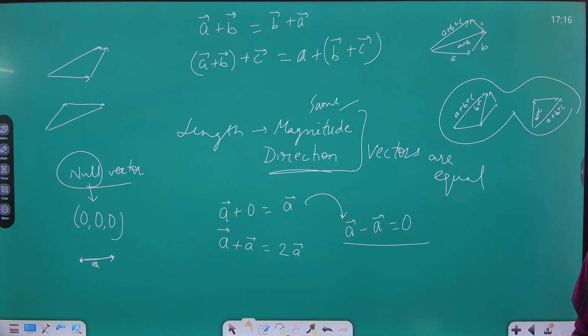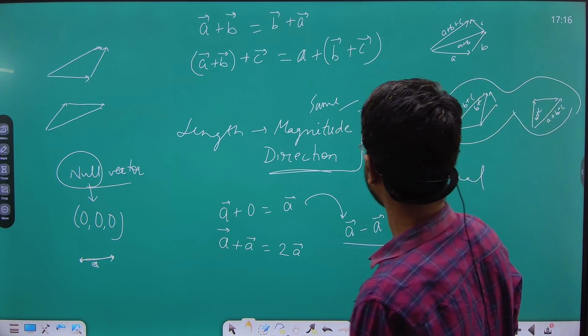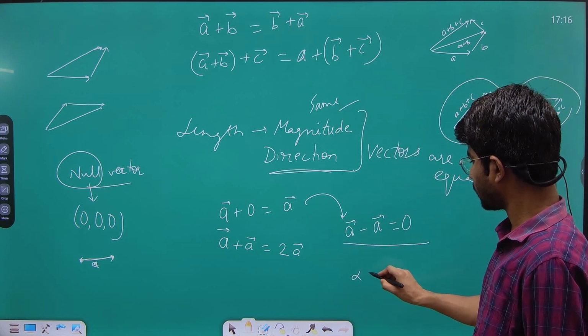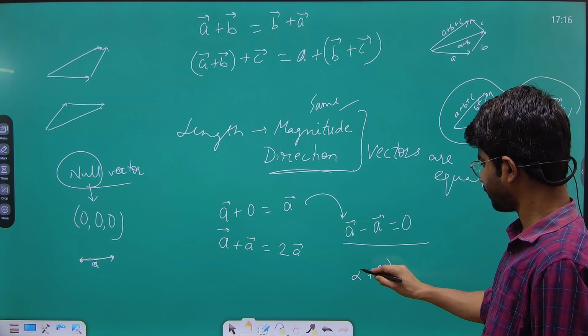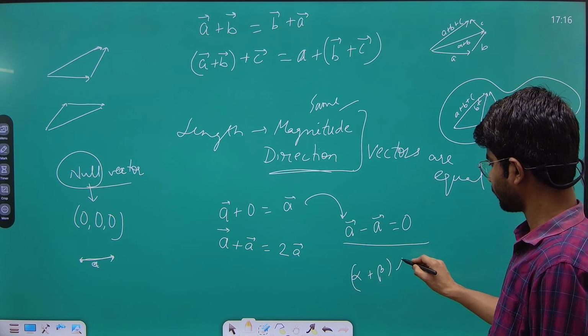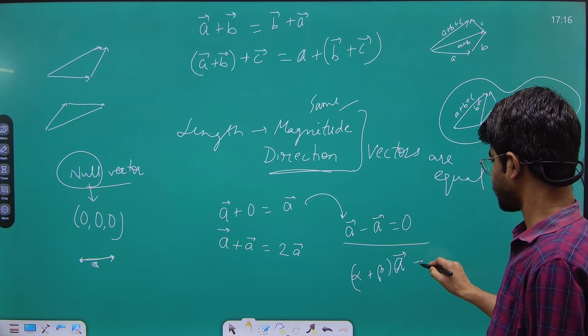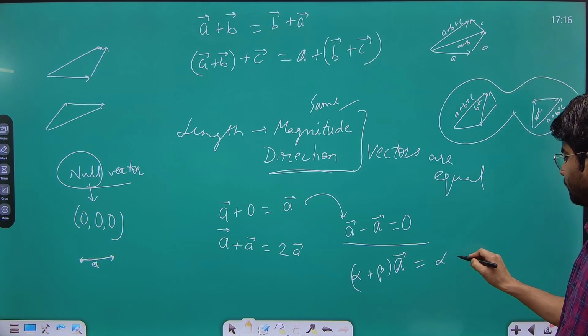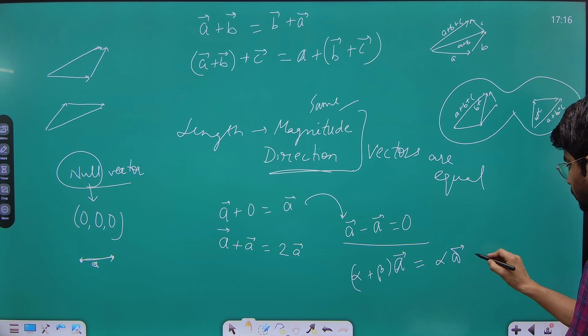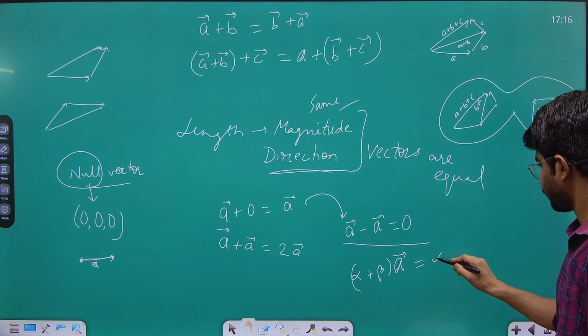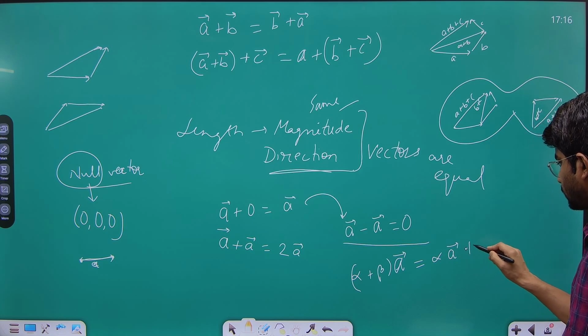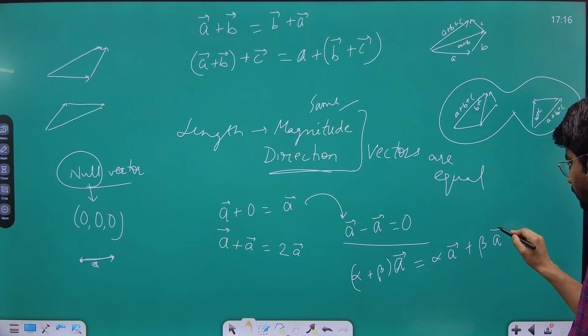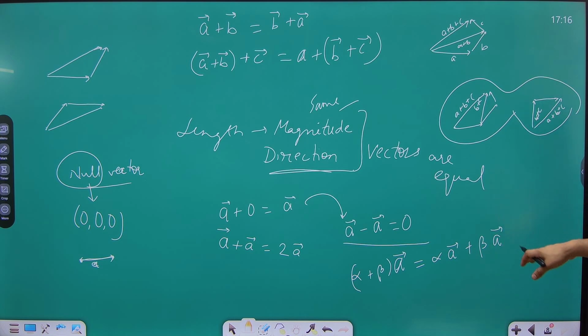Suppose you have a scalar alpha plus beta multiplied with a vector A. In that case, you will have alpha A vector plus beta A vector. You can try this from the operations or examples that we had already discussed.